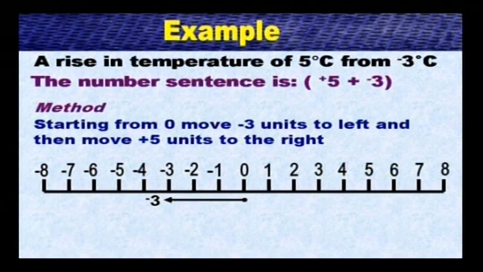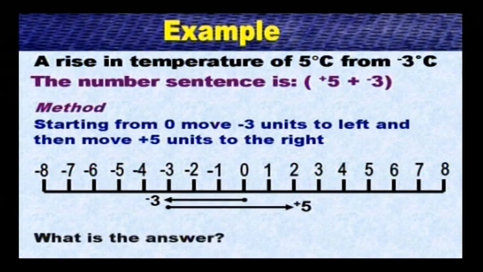Right, because it is a positive number. So the arrow starts from -3 and goes towards the right, which is positive 5. How many places is it moving? 5 places.